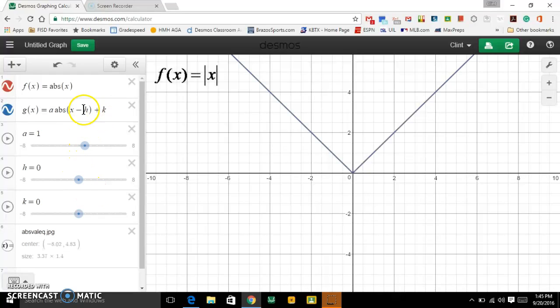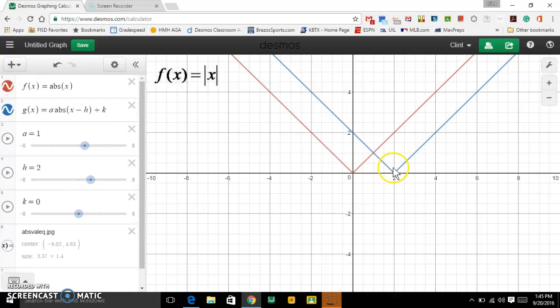So what about H and K? Those are adding and subtracting, so that's going to be a translation, just like we did with the transformations unit. Look what happens when you move H. That causes the graph to move left to right, the exact same way we did when we did transformations. Let's say H is 2.